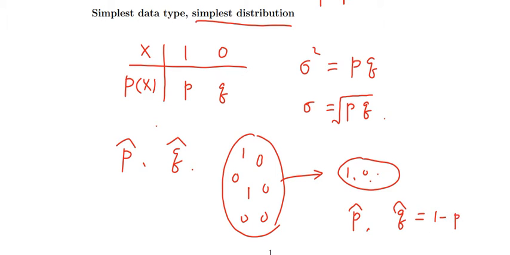From the sample we can find the percentage, so in this case for sigma we can use the square root of p hat q hat. From the sample p and q, we can estimate the population's variance and standard deviation.